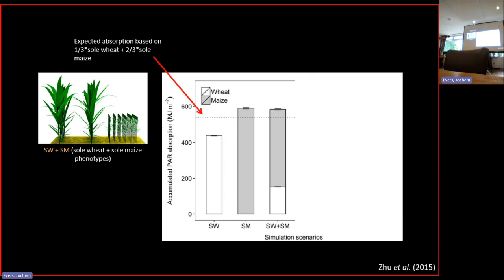You get a little bit more light capture. So apparently, by simply putting them in an intercrop situation, the fact that they are growing in that configuration already gains you a little bit of light capture. There's no plasticity involved here. This is just having plants in an intercrop situation with plants intercepting light more from the sides in their strips and stuff like that.